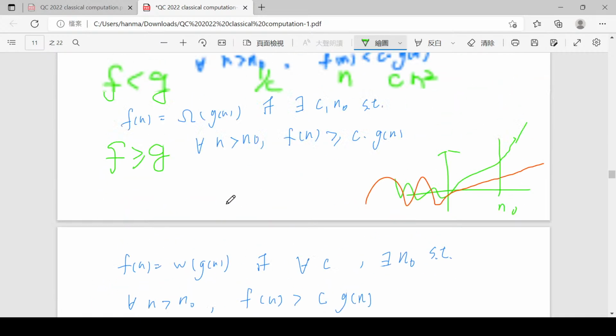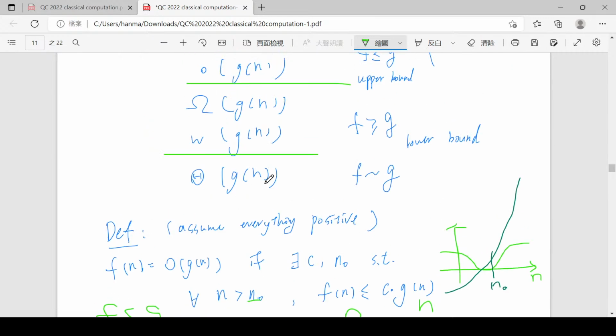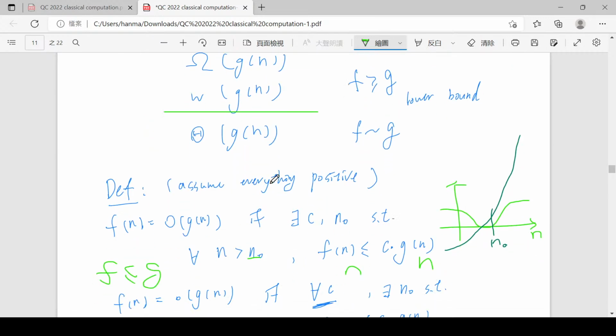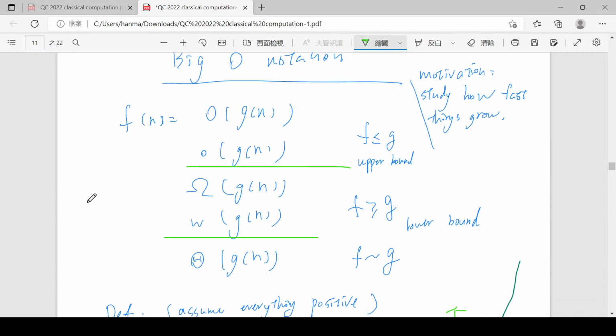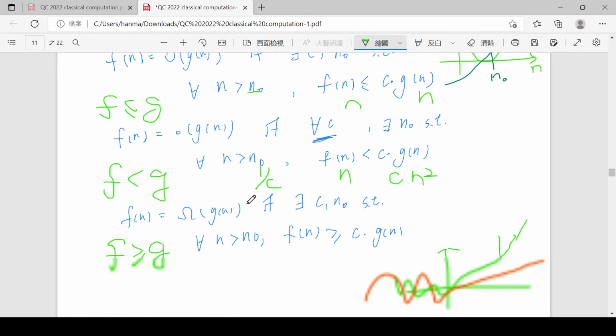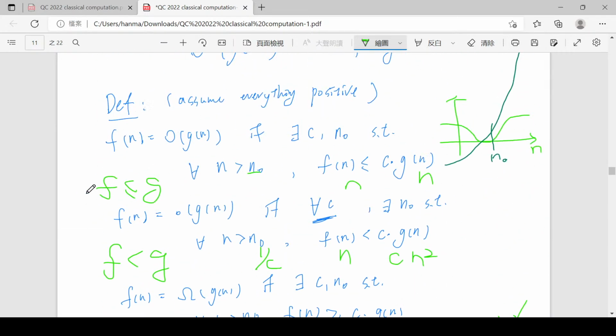So question about these quite technical definitions?